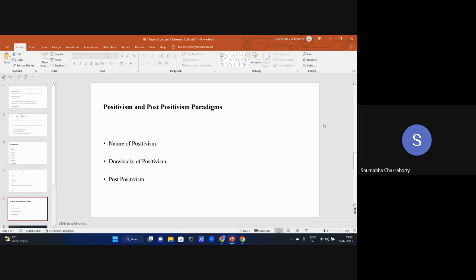Here, the emphasis was turned away from absolute certainty to probability. Because people from chemistry will know that there is a rule called Heisenberg's uncertainty principle. So what happens here is that there is no absolute certainty in the outcome of any research. Rather, this new kind of approach, these new paradigms, focus on probability.